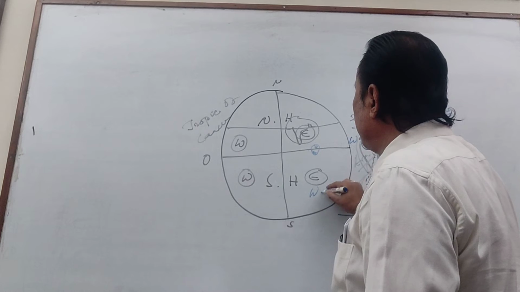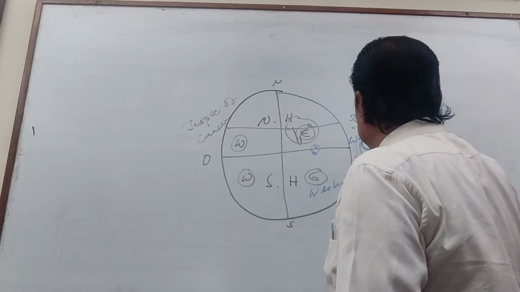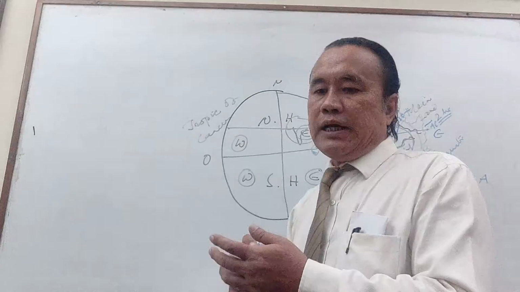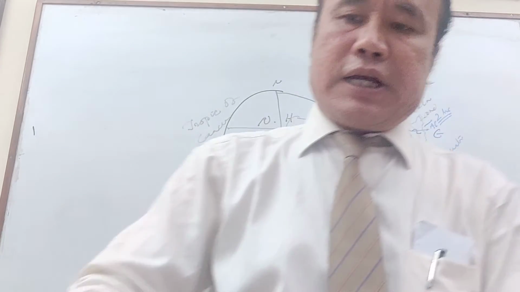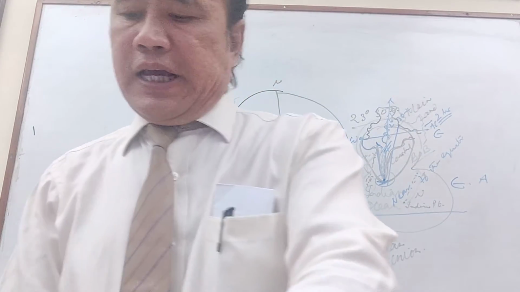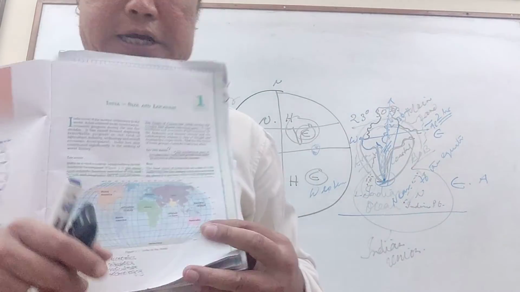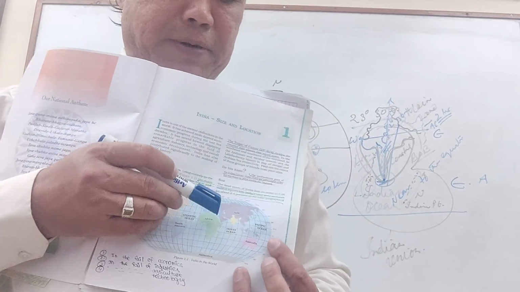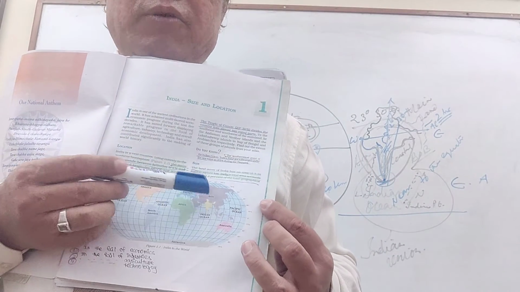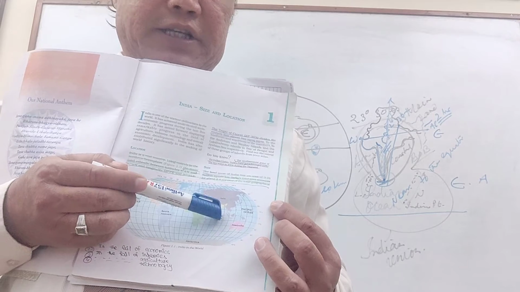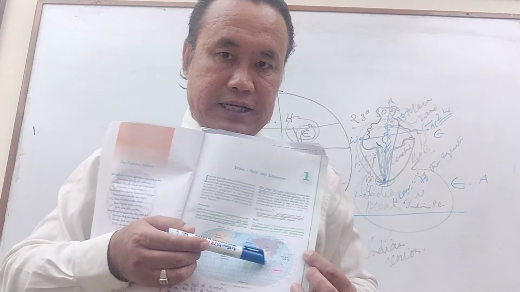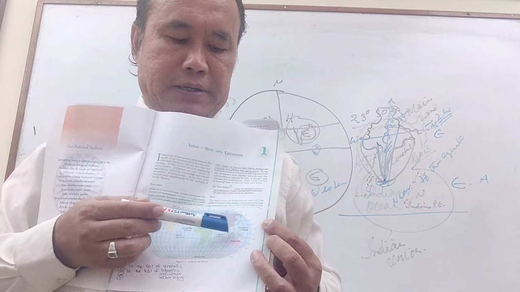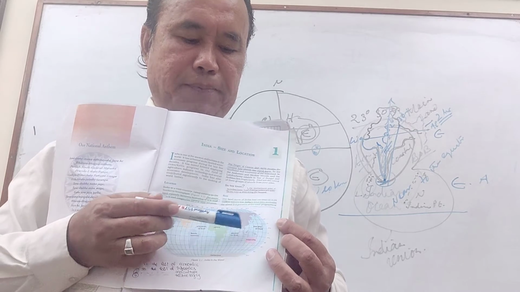In the western side, between this, it lies in the central location. For example, if you look at the map out here, this yellow color is India. It lies in a very central location, isn't it? So now, what happened?